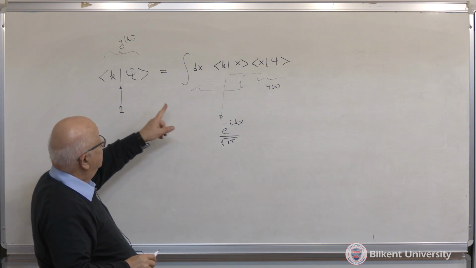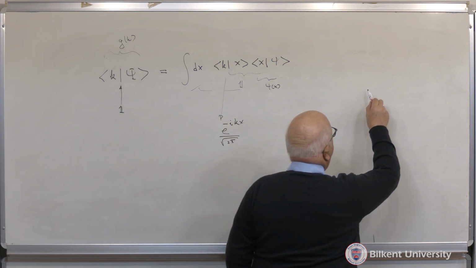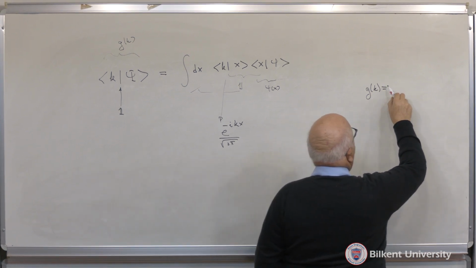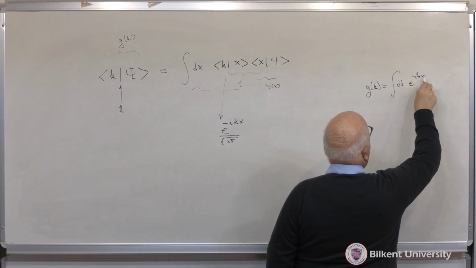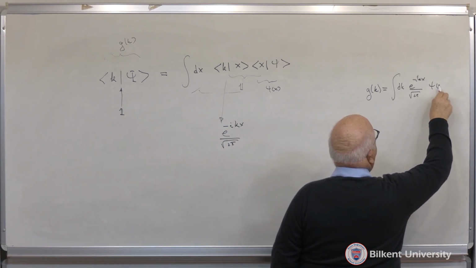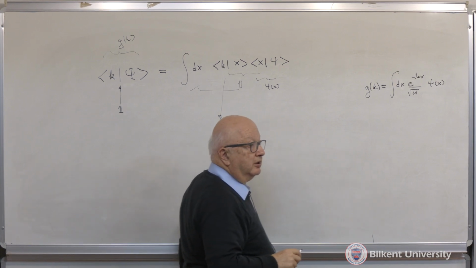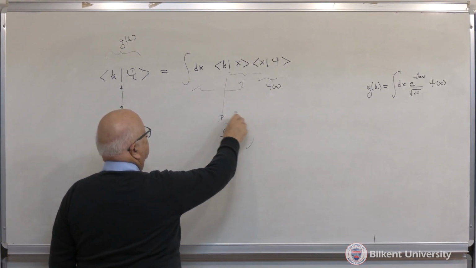We just have the Fourier transform, our equation for the momentum space wave function: the integral dx of e to the minus i kx over square root of 2 pi times psi of x. So we identify this term as that.